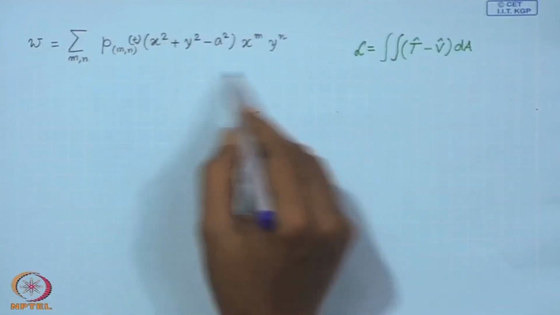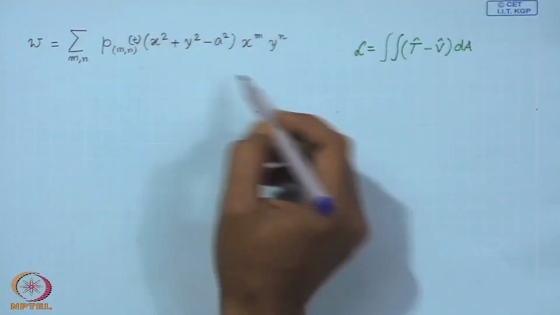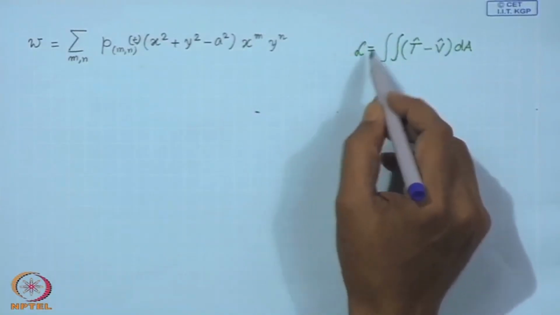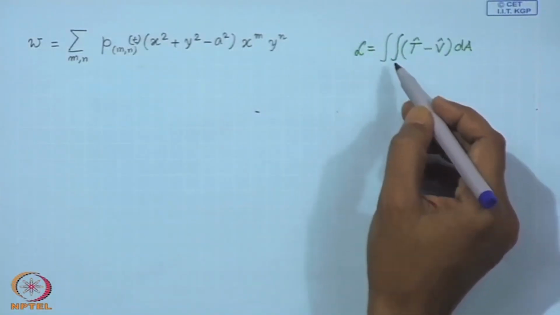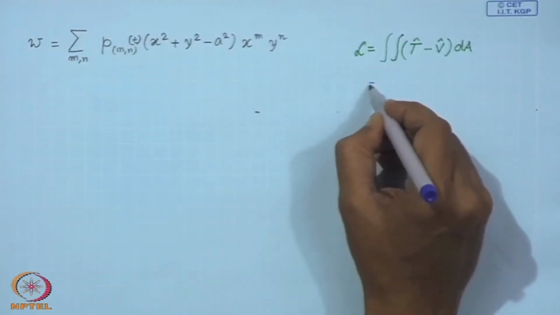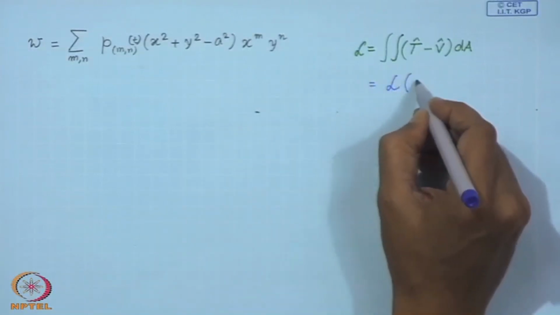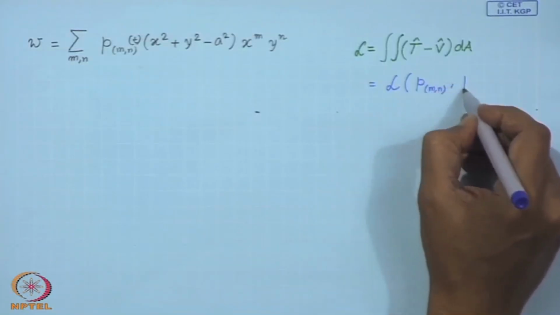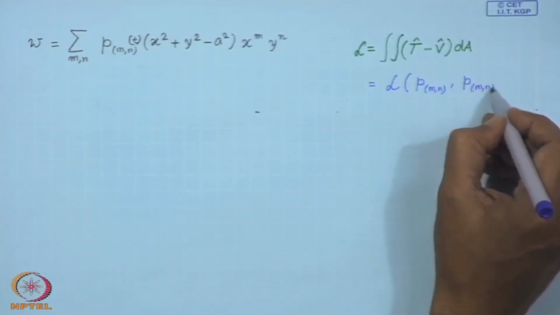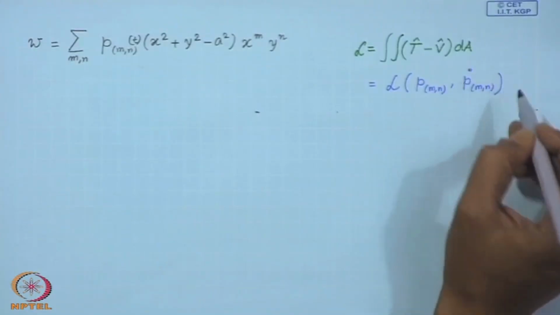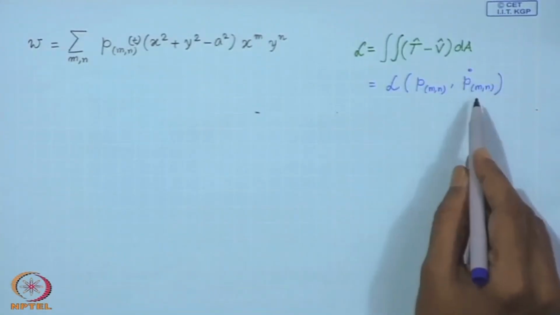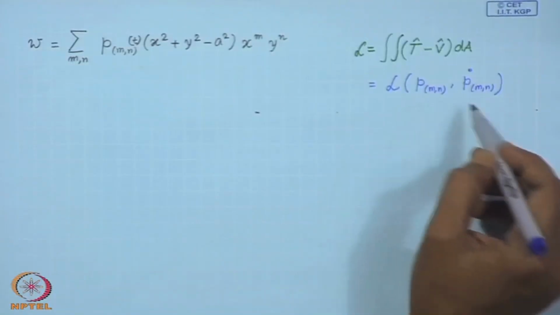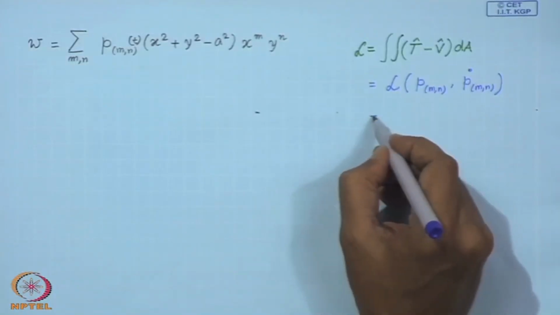Now, since we know all these functions and these are polynomials, it is very easy to perform this integral. So, we obtain the Lagrangian. See, this Lagrangian is a function of these coordinates and their derivatives. So, once we have that, we have actually discretized the problem.